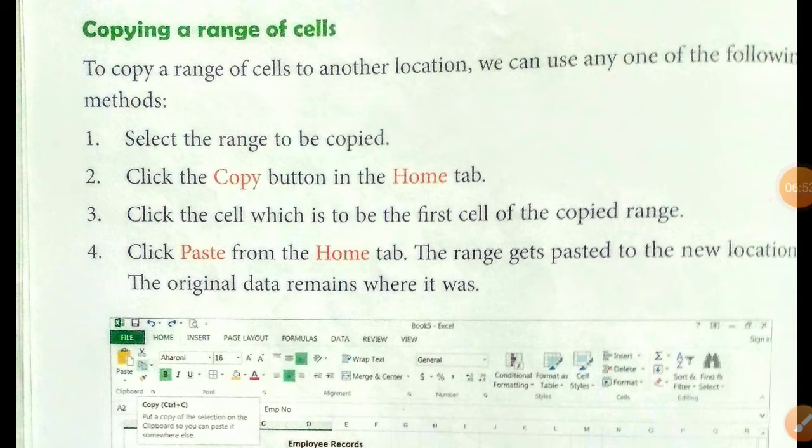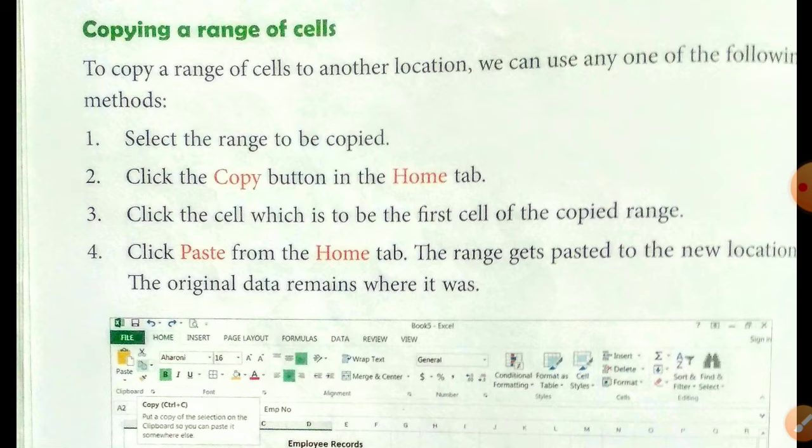Copying a range of cells. To copy a range of cells to another location, we can use the following method. Number 1, select the range to be copied, then click the Copy button in the Home tab. Then step number 3, click the cell which is to be the first cell of the copied range.